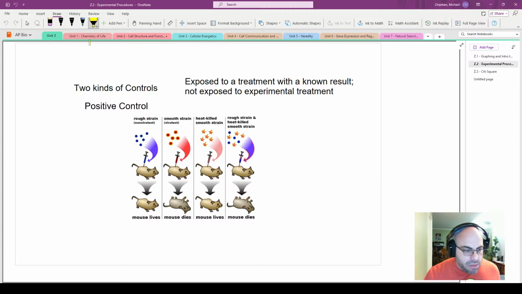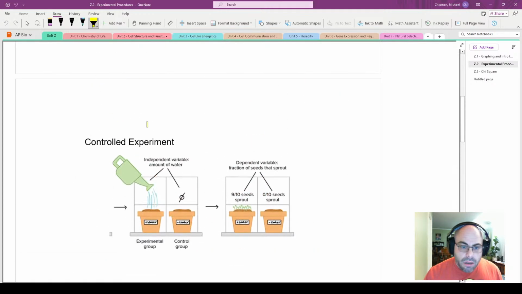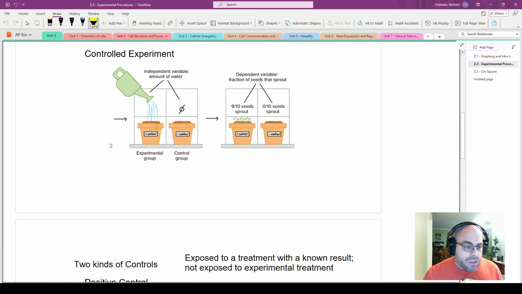I'm going to keep going unless there are any particular questions. All right, so good question. Normal control. So when you think of controls, there's negative and positive control. A negative control is what we typically think of as a control group, right?